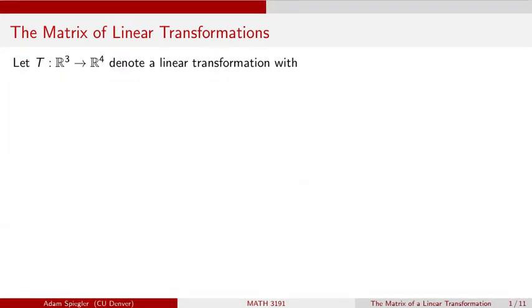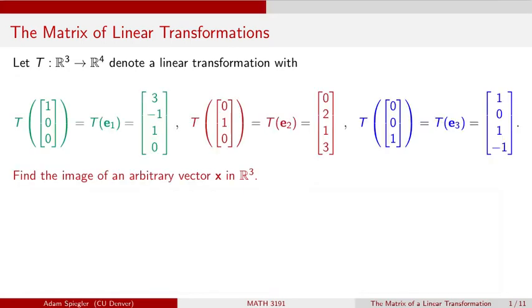So let's consider the following linear transformation that we'll denote T, which is going to map from R3 into R4. And we're going to define this map in the following way. Let's say we know that when I apply T to the standard vector 1, 0, 0, we get 3, minus 1, 1, 0.